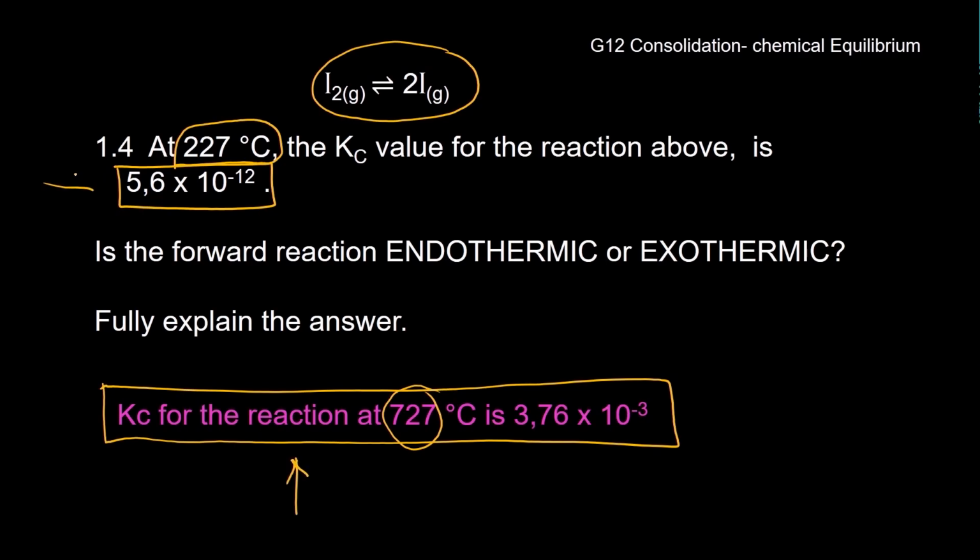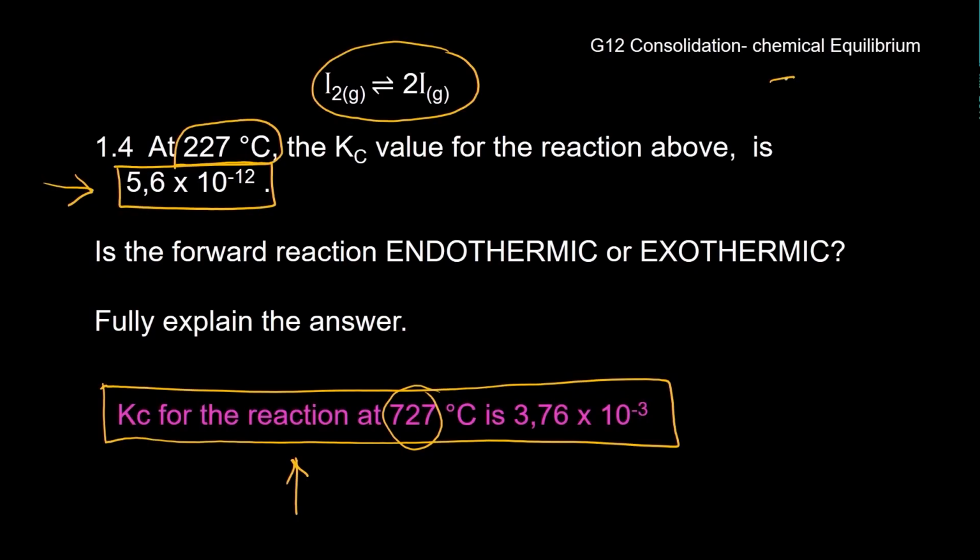They're now telling us that something has happened. And what has happened is a decrease in temperature. So our temperature has decreased. How do I know that? Because we started off with 727 degrees Celsius, and the temperature is now at 227 degrees Celsius. It has decreased.